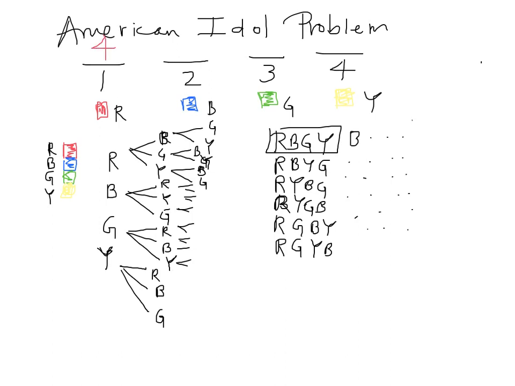There are 4 possible ways to get the first person, and then because they can't repeat, because we're ordering them, there are only 3 names left for the second slot, and then 2 names left, and then 1 name left.